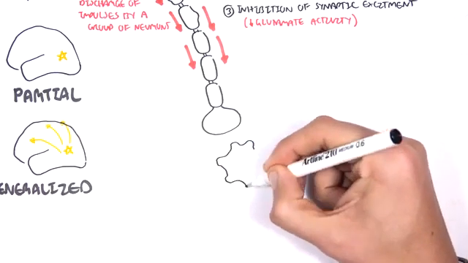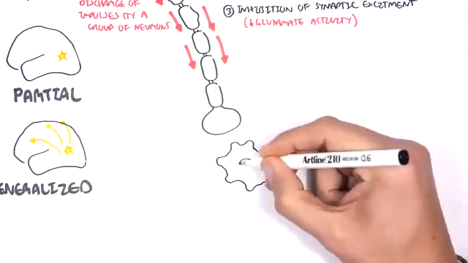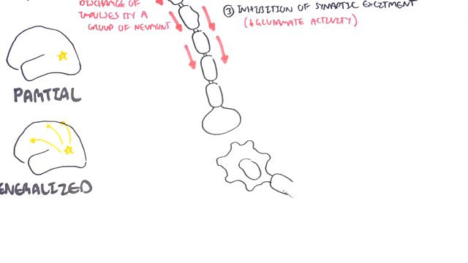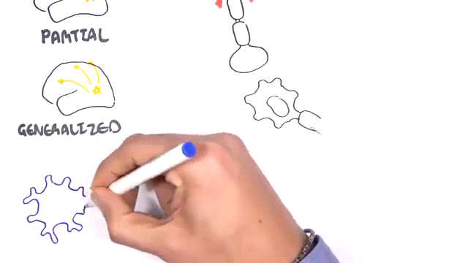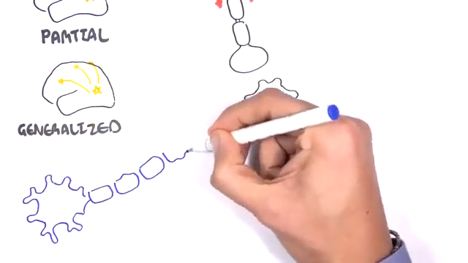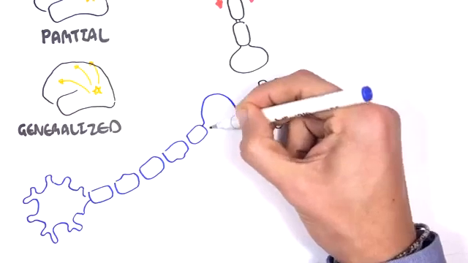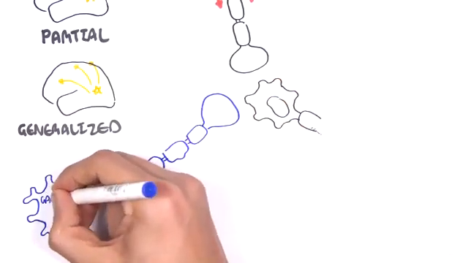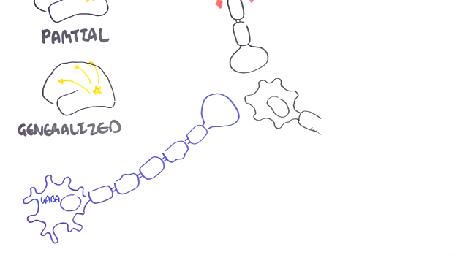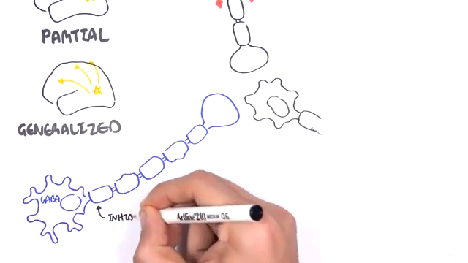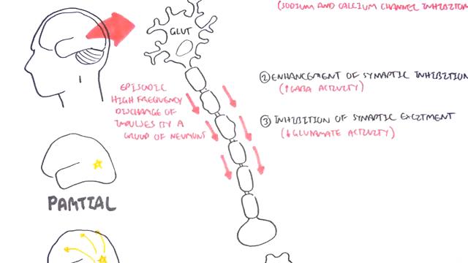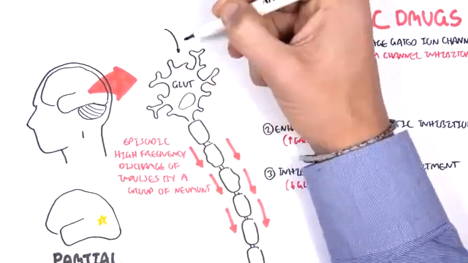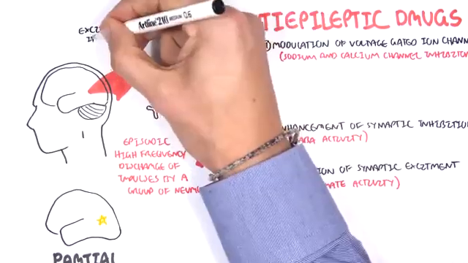It will send impulses, and of course it will stimulate this postsynaptic neuron, and if it hits a threshold, it will result in a seizure. And then you have this other neuron here in blue, which is an inhibitory neuron, and these inhibitory neurons release GABA. GABA, again, is an inhibitory neurotransmitter. And this neuron that releases glutamate is an excitatory neuron.